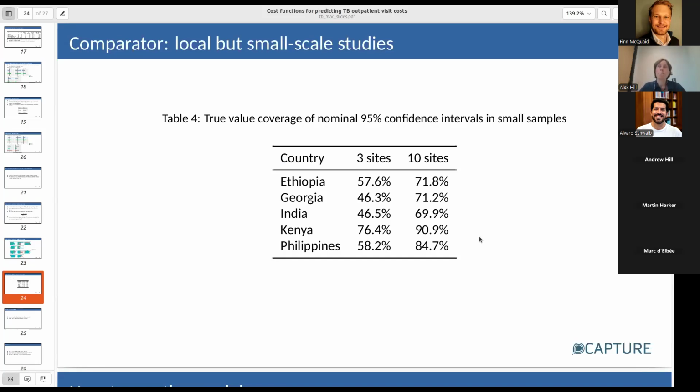So it might look like you have a really narrow confidence interval, and it might look like you're making a decision with quite high certainty, and actually the true value is quite likely to not even be in that confidence interval. So it is a problem, I think, for evidence-based decision making, that these confidence intervals are so poorly calibrated.